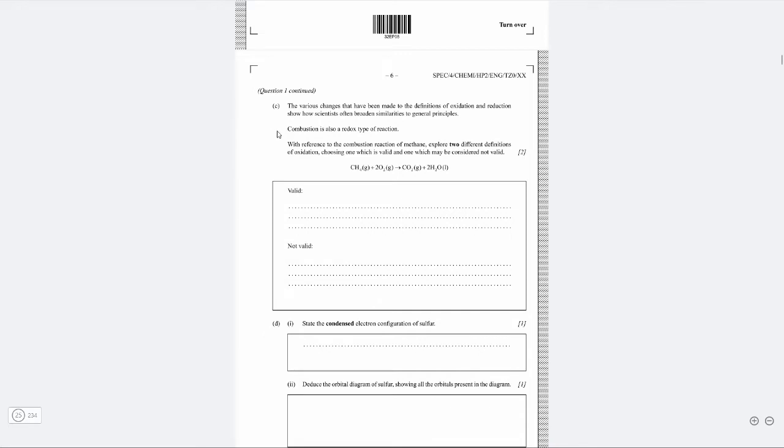With reference to the combustion reaction of methane, explore two different definitions of oxidation, choosing one which is valid and one which may be considered not valid. Okay, so the valid one is at least that if you have a transfer of electrons, or if there's a change in oxidation states, it's a redox reaction. The not valid one is really weird.